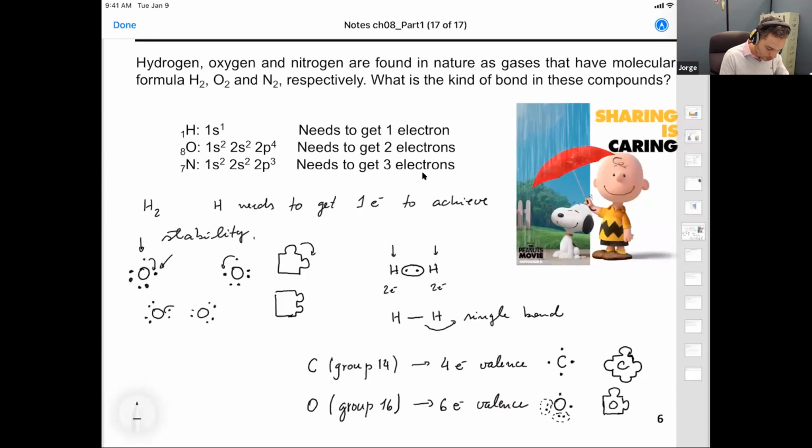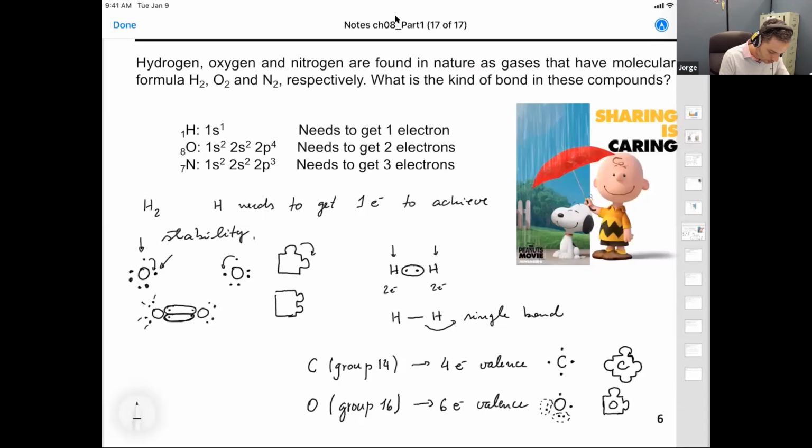Now we are going to share one pair, and we can count the number of electrons. 1, 2, 3, 4, 5, and 6. Remember that the shared pair of electrons belongs to both. 6 is still not enough to get to 8. We need one more pair shared, and that's going to be the pair at the bottom here.